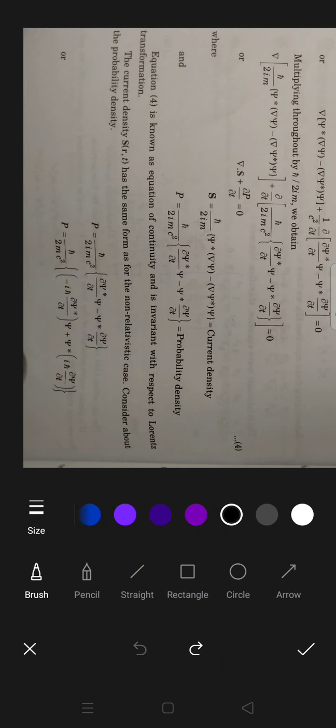Consider the probability density. In the non-relativistic case the probability density is psi star psi, but in the relativistic case it looks like this.